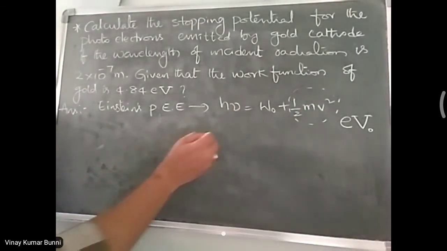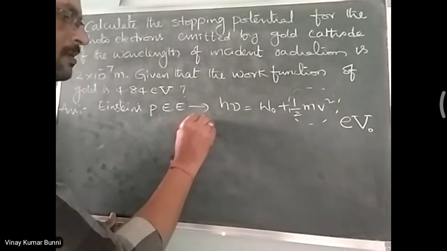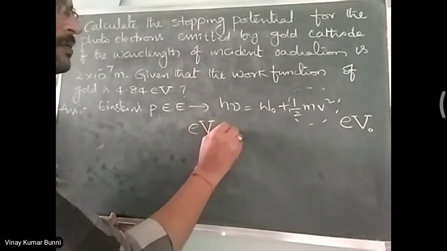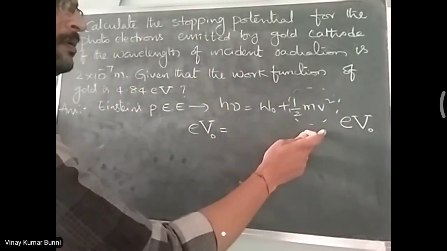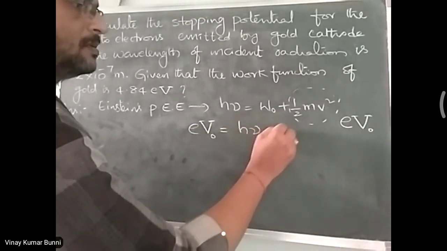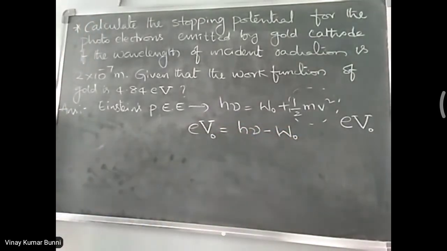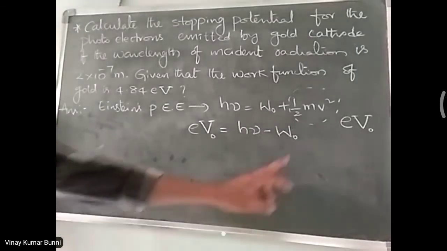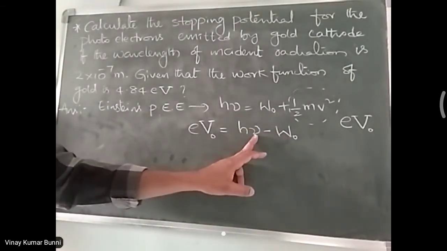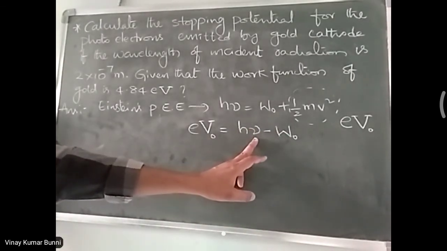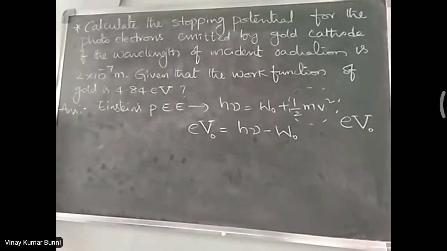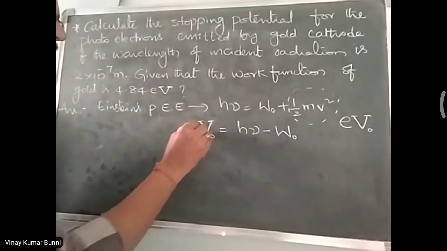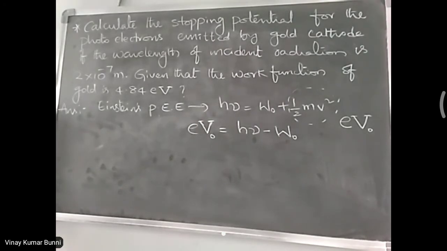Now, this eV naught equals h nu minus W naught. W naught is given, and you know the value hc by lambda. Now we have to establish the relation for the stopping potential value, to find the stopping potential where the photoelectrons get zero.